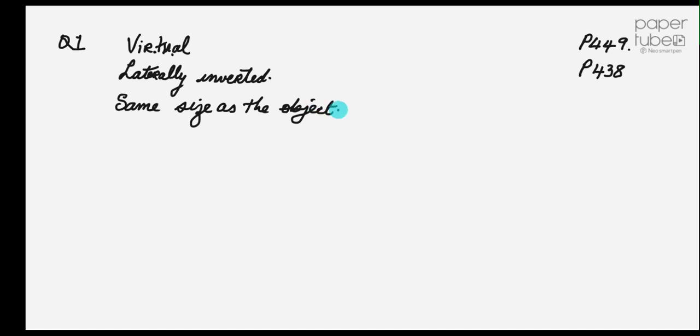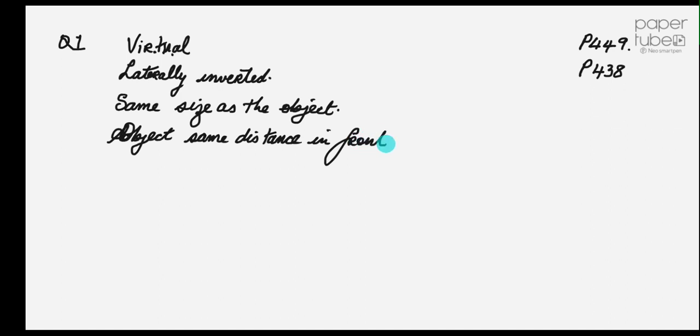And finally, same object distance in front as image behind. Now you notice I'm using full sentences, well, apart from the first 3. Object, same distance in front of mirror as image behind. And that's it.